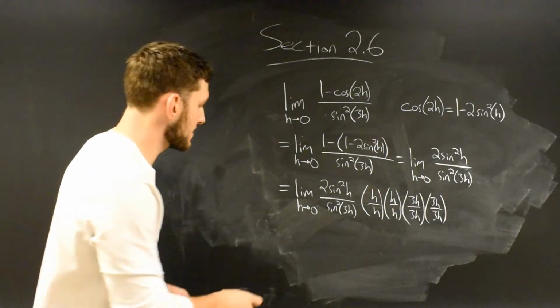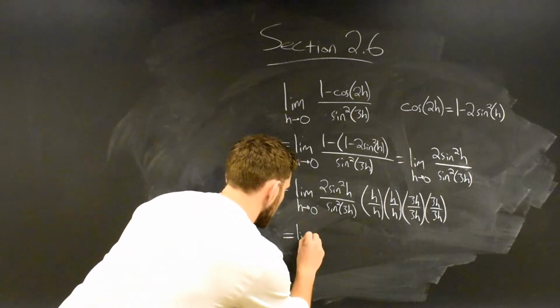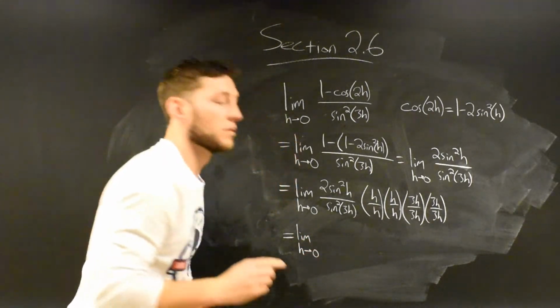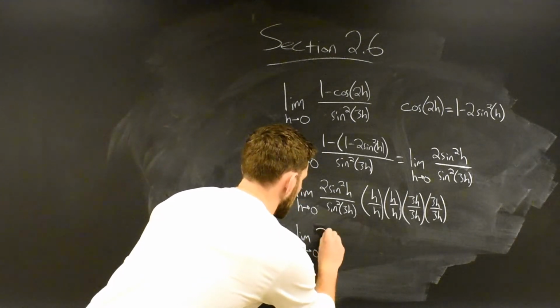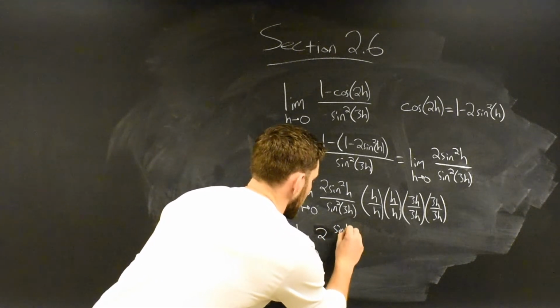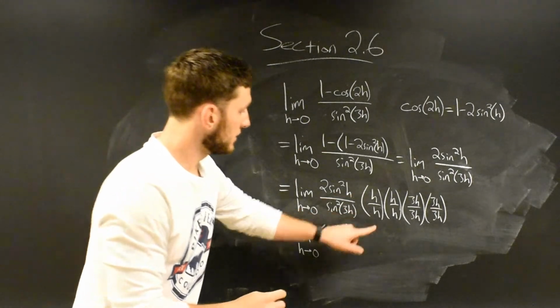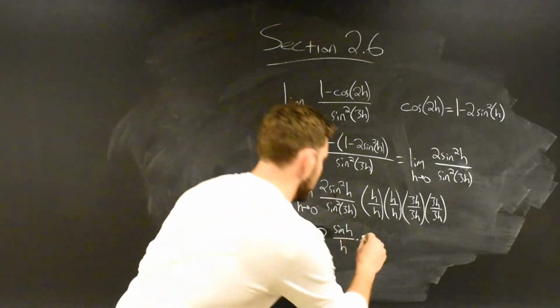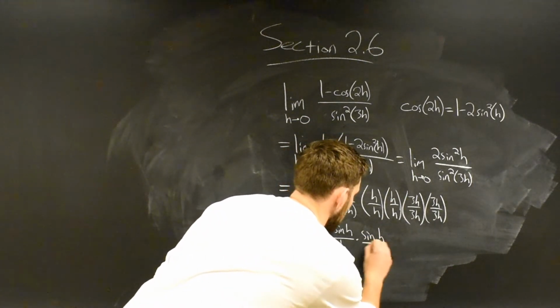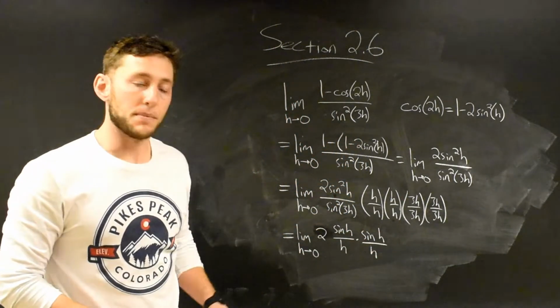Now once I split these up, what I'm going to end up with is 2, I'll just write that big 2 on the outside, of sine of h, taking one of those, dividing by h. I have another sine on top, so I'm going to grab the other h from the bottom.